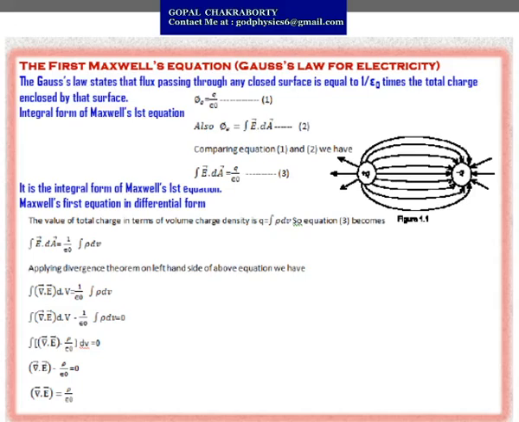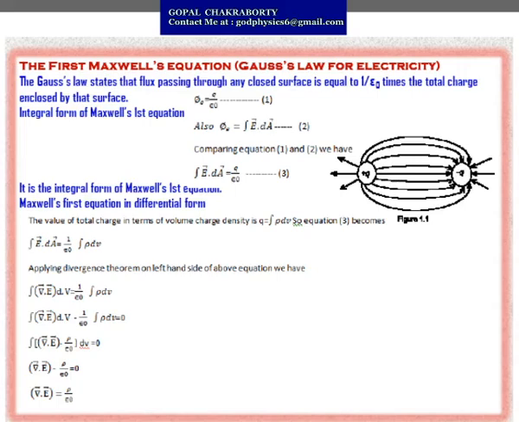So comparing equation 1 and equation 2, you can substitute that the integration of E dot dA equals 1 by epsilon naught times the volume integral of rho into dV. The right hand side is the integration of rho dV.